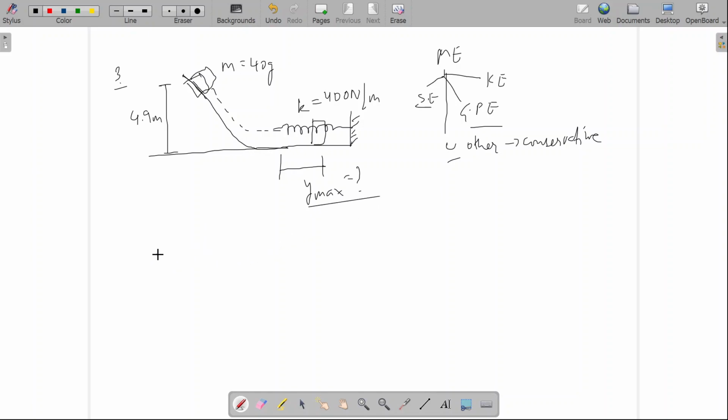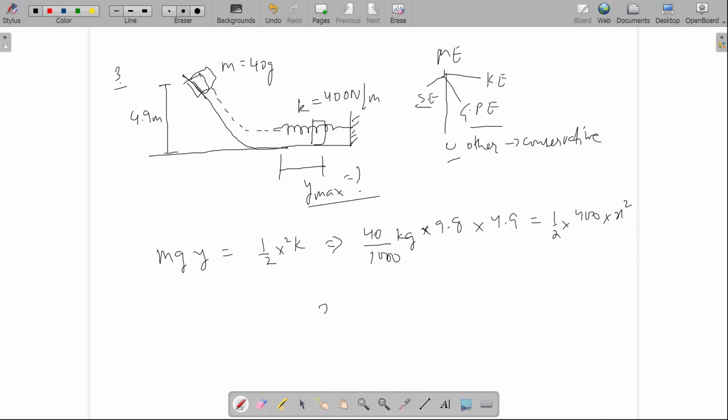We can simply say the loss in potential energy, that is mgy, is equal to half k x square. The mass of the block is 40 grams, that is 40 divided by 1000 to convert into kg, into 9.8 times the height the block has lost, equals half k x square.